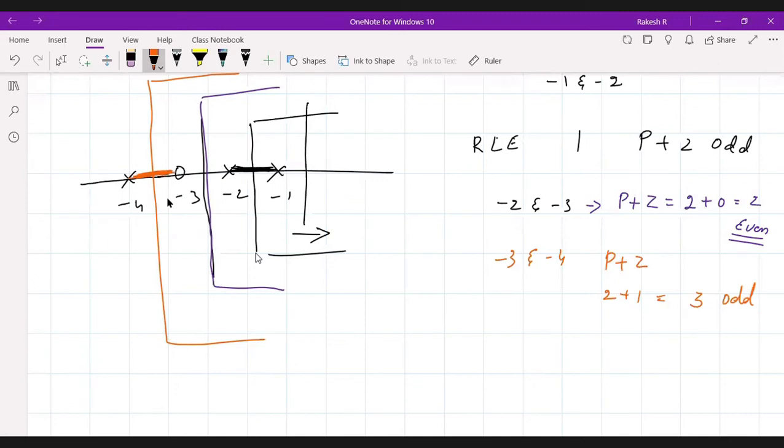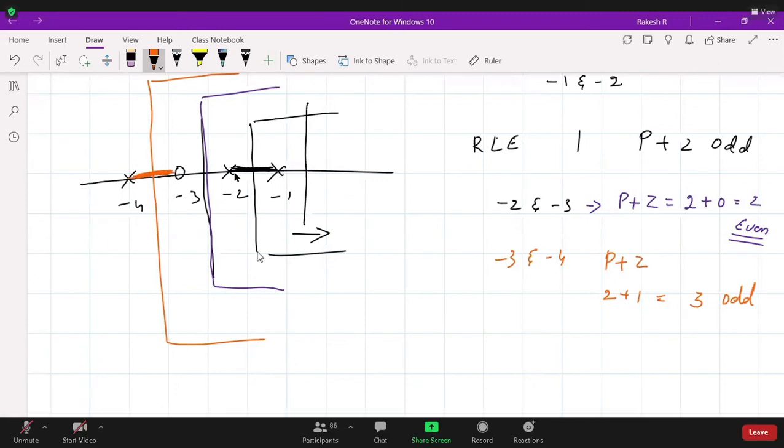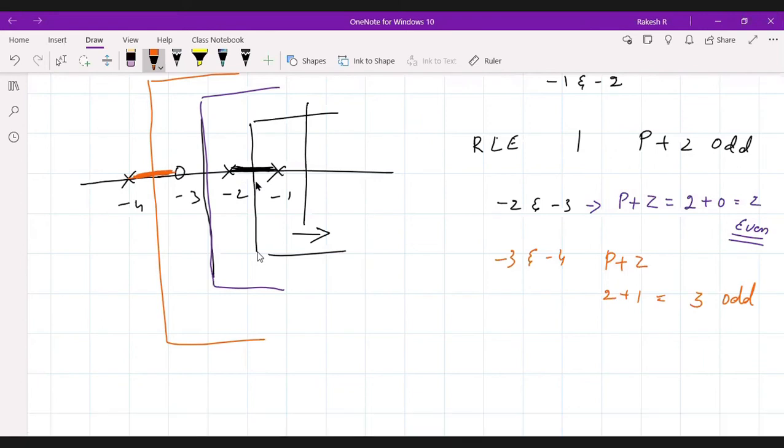We need to check for the existence of root locus. If towards the right of any point the number of poles plus zeros is odd, then the root locus exists. If the poles plus zeros are even, the root locus does not exist.